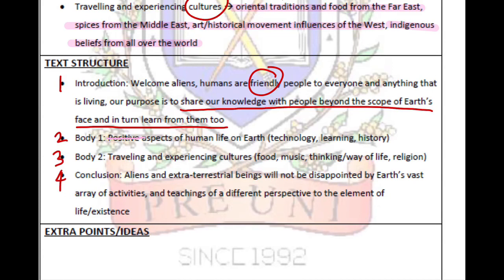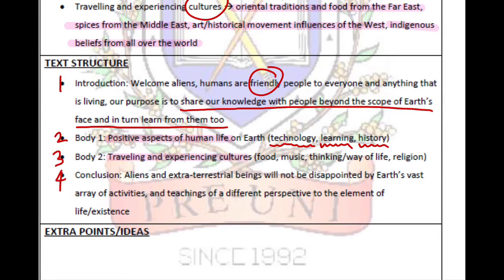Then we're going to move on to the positive aspects of human life. Highlight that one. Positive aspects of human life on Earth, such as technology, learning, history. I would say choose one of these. Choose only one.